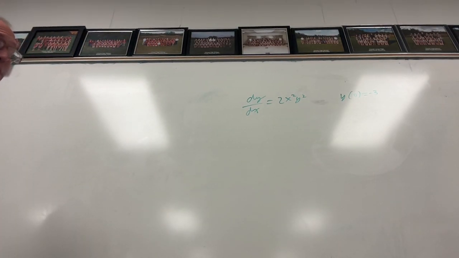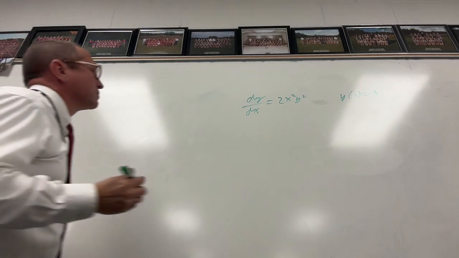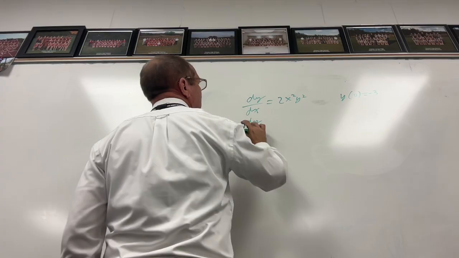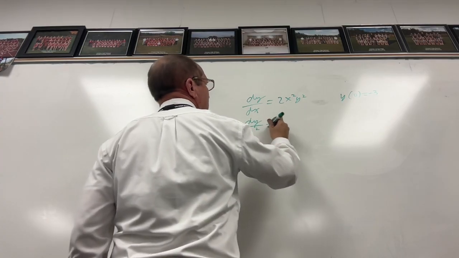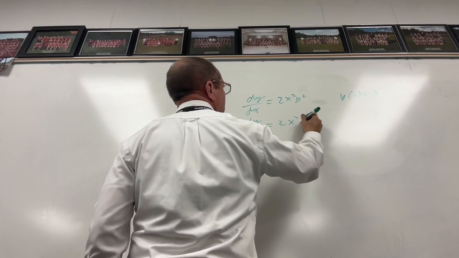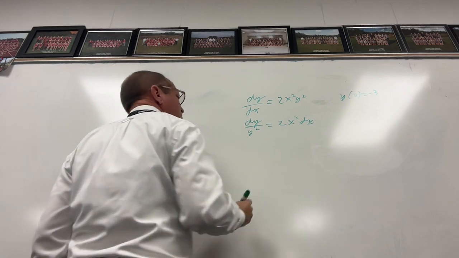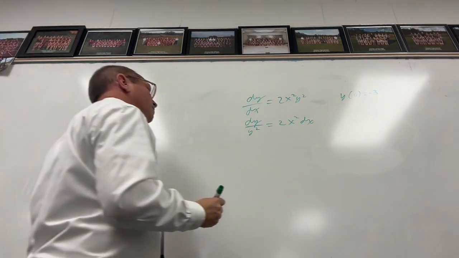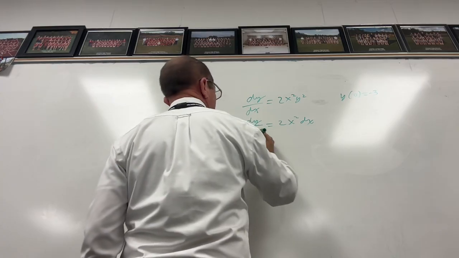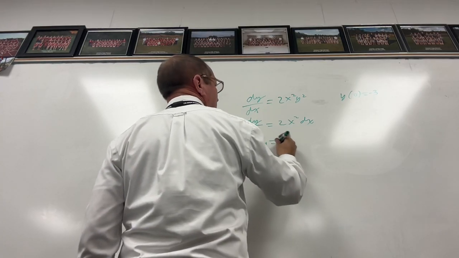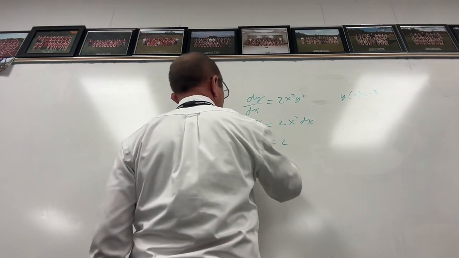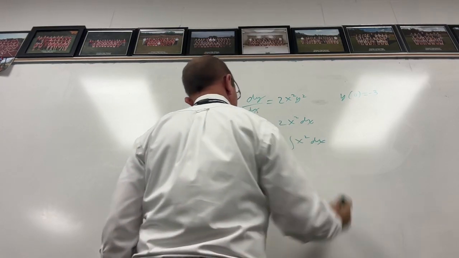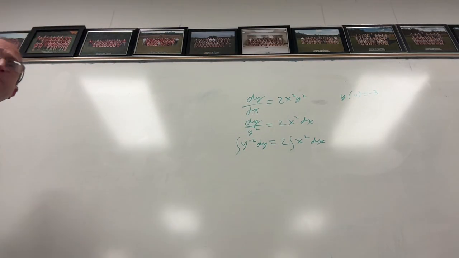The first step is separate the variables. So dy over y squared equals 2x squared dx. So y to the negative second dy equals, and I'm going to pull the 2 out in front of the integral, so it's going to be x squared dx. Don't have to, I just did.